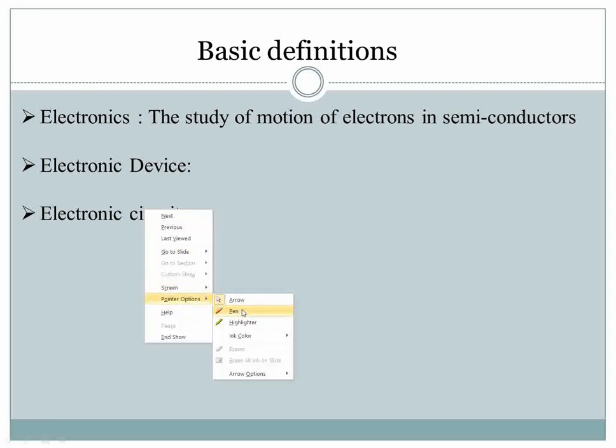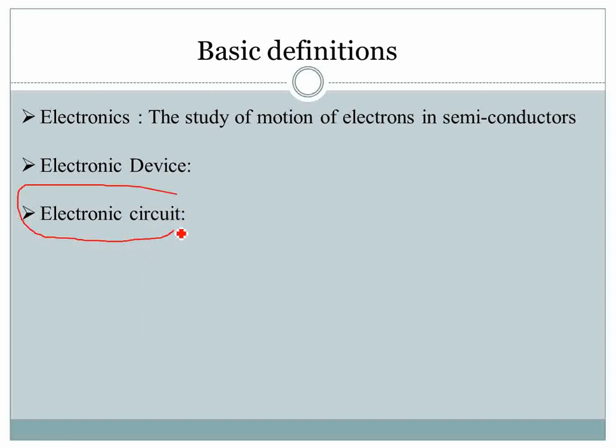What is meant by electronic circuit? In the first class we discussed the circuit term. A circuit consists of electrical and electronic devices, with the electronic device as the main component. That circuit is called an electronic circuit. For example, we can consider an amplifier.